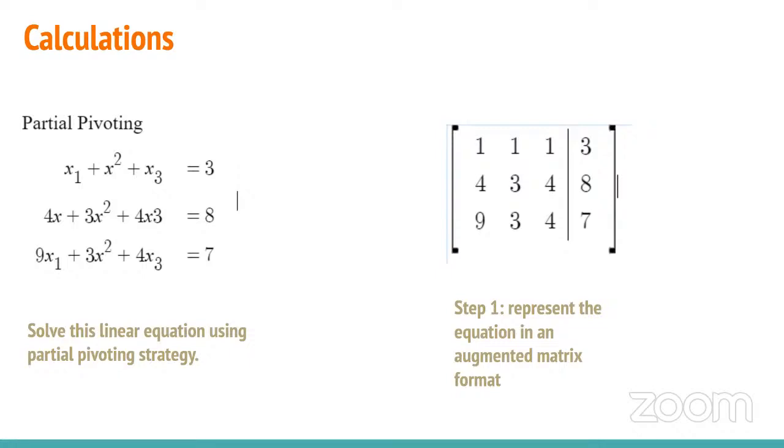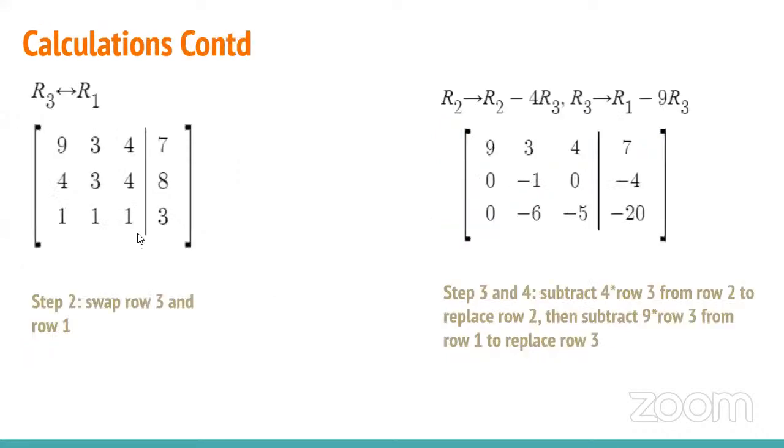In your partial pivoting, now you have x1 plus x squared plus x3 equals 3. Now the next one has 4x plus x squared plus 4x3. Is there a problem with the value of x? Is it x1, x2, x3?